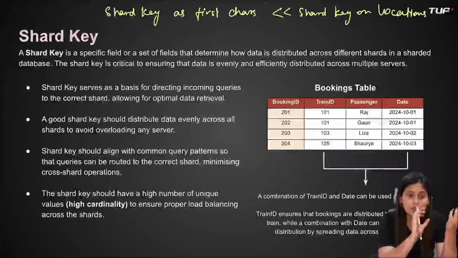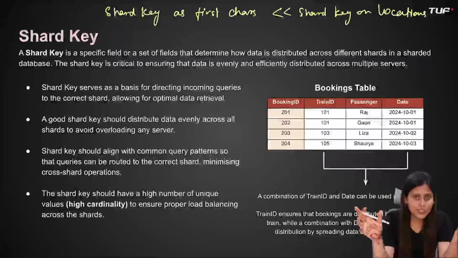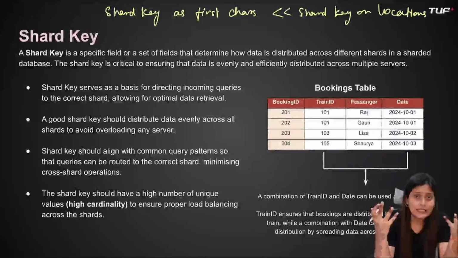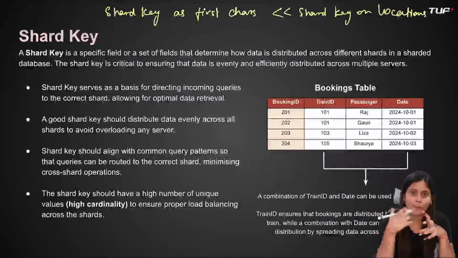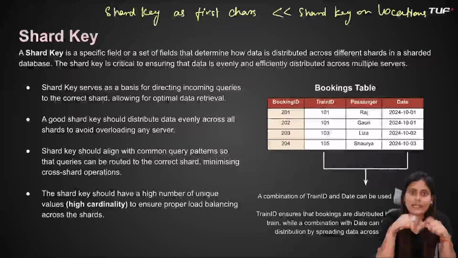So let's suppose you have to save the bookings as per the locations, right? If you have not maintained the shard key such that it matches with location, it might happen that instead of location, you have kept the shard key as train ID.